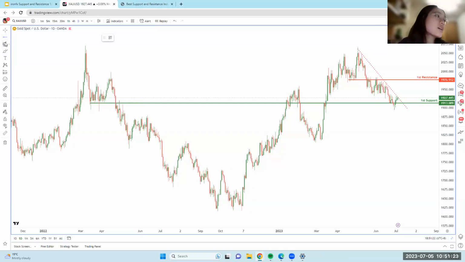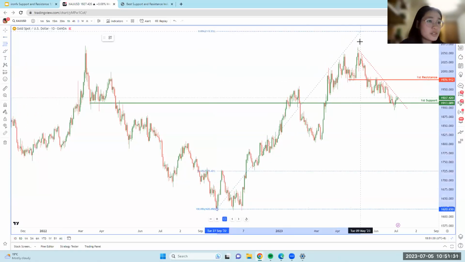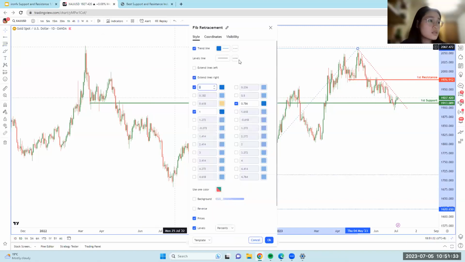Okay, now let's go in with our Fibonacci levels. I have a retracement from here to here. For retracement, we use these 5 levels.